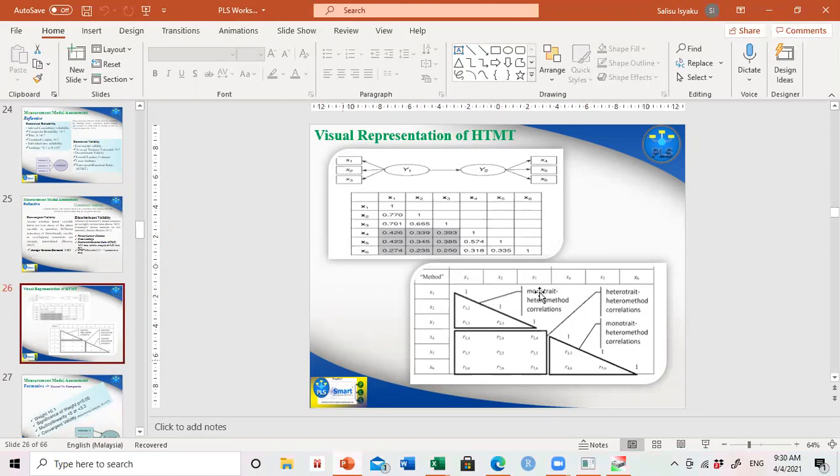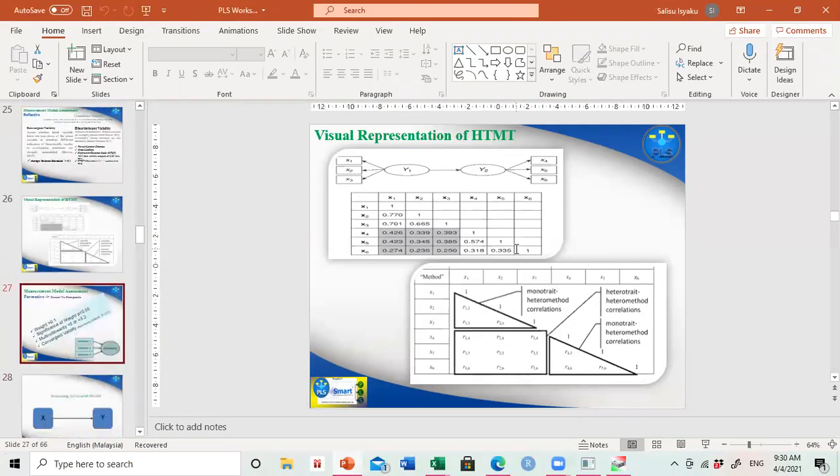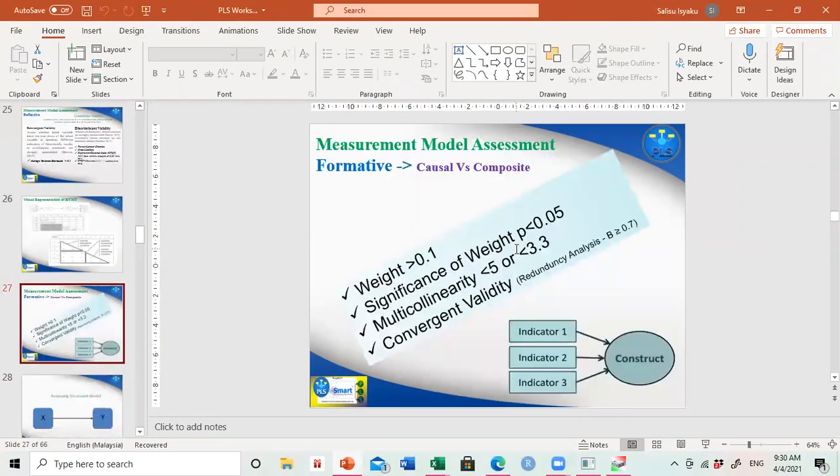And today we are going to move further to see how we can deal with formative constructs. All that I did yesterday was measurement model assessment for reflective items. Today we are going to talk about formative items.